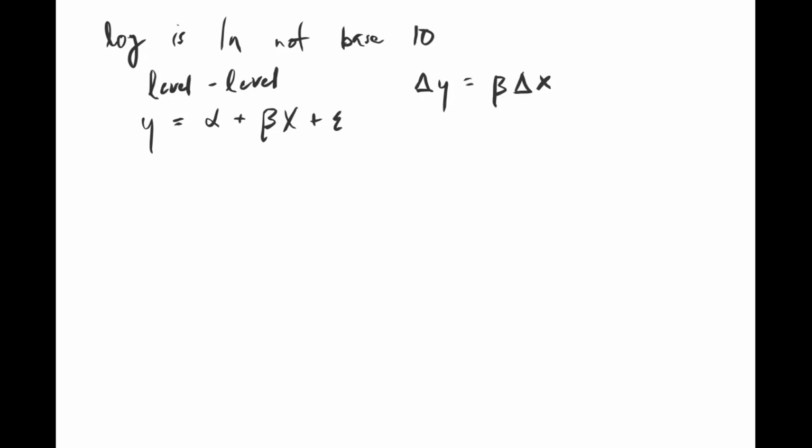So the interpretation is, as x increases by 1, then y will increase by beta. This is thinking about applying your slope and looking at how it influences your response variable. So x increments by a unit value, which means y increases by that unit value times beta.